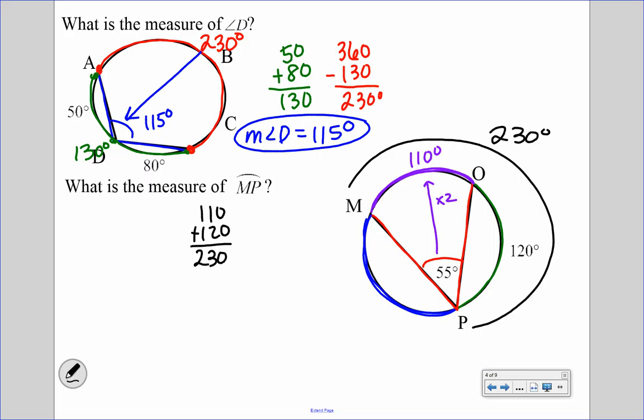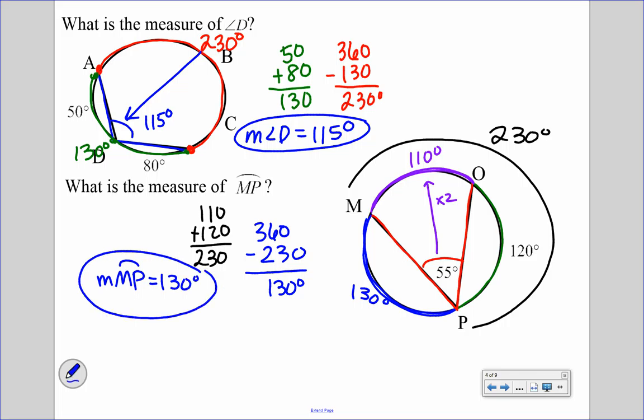Well, I notice that the blue piece that I'm looking for is 360 minus 230. So to find the blue piece, I do 360, the whole circle, minus that black piece to get my remaining blue, and I get 130 degrees for this blue piece. And was that what we were looking for? Yes. The measure of arc MP is 130 degrees. So like I said, these have lots of puzzle pieces to them.